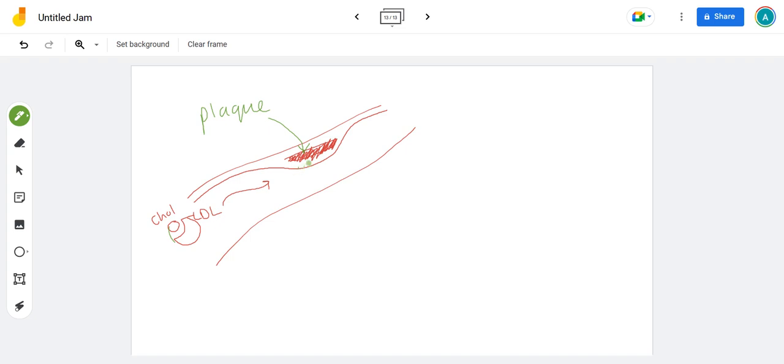If then this surface here is damaged, then we release thromboplastin and we start the blood clotting cascade, and we might form a clot on here. Sometimes that clot could even dislodge like this and block the artery completely.